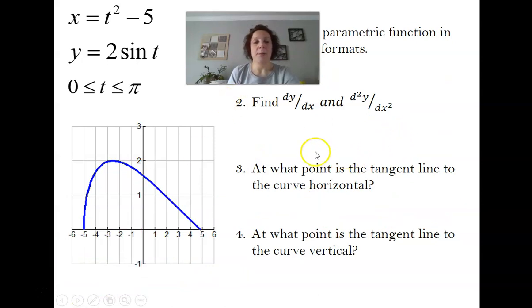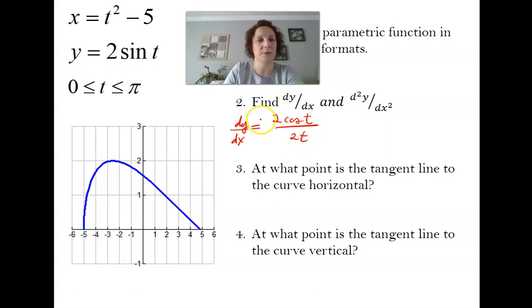Okay. Next question. At what point is the tangent line to the curve horizontal? Well, let me get my derivative back that I wish I hadn't erased. Okay. So my dy/dt, that was 2 cosine t, over 2t, right? dy/dt over dx/dt, right? So that simplifies to cosine t over t.